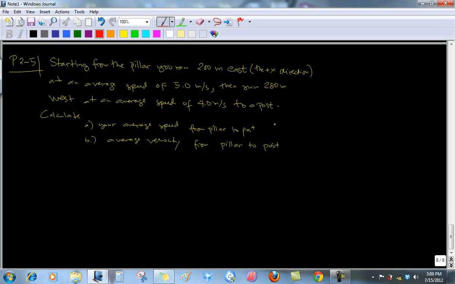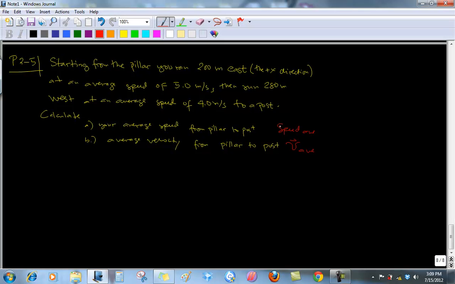Then for velocity, we'll be looking for v average, with an arrow because velocity is a vector quantity while speed is a scalar quantity.